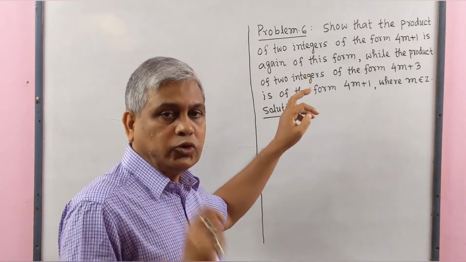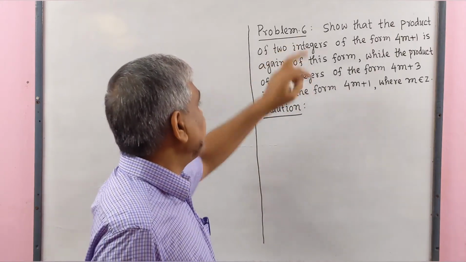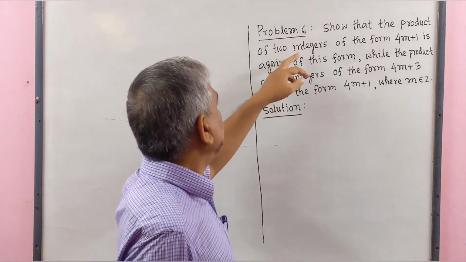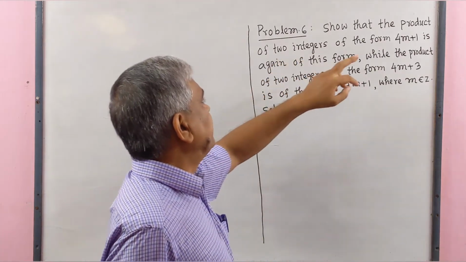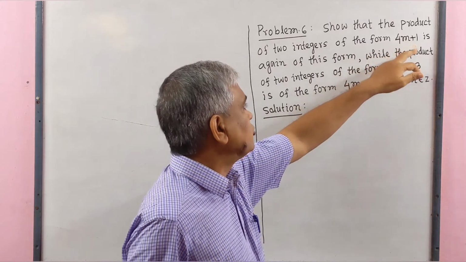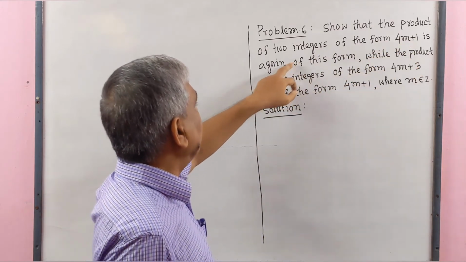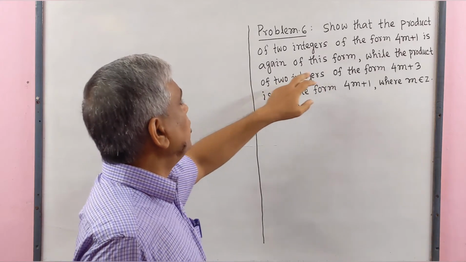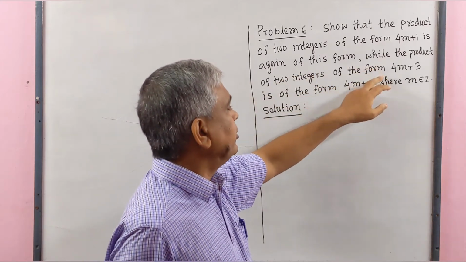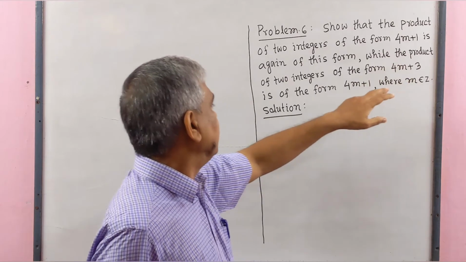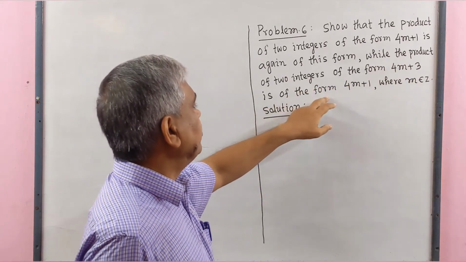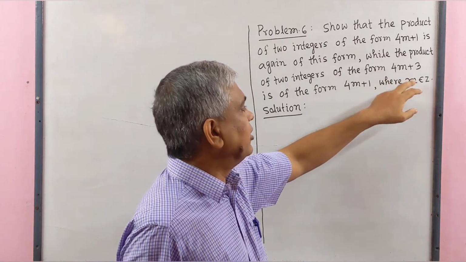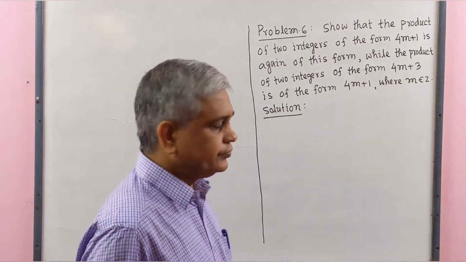Now we solve problem number 6: show that the product of two integers of the form 4m plus 1 is again of this form, while the product of two integers of the form 4m plus 3 is of the form 4m plus 1, where m is an integer.